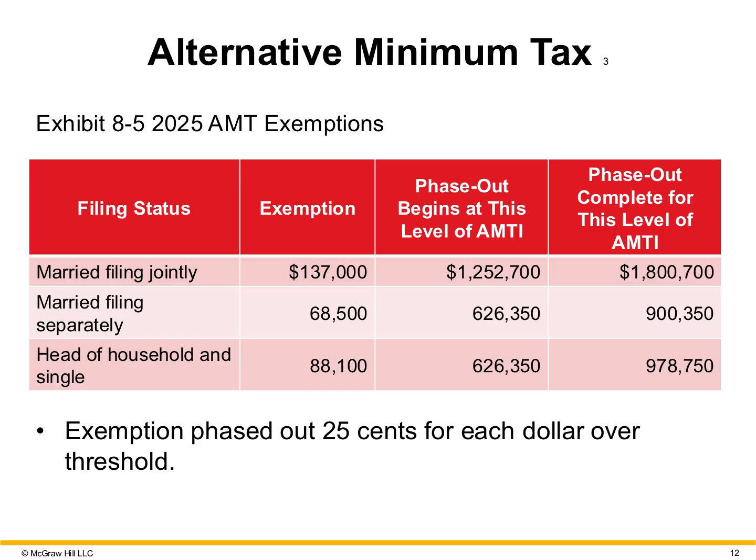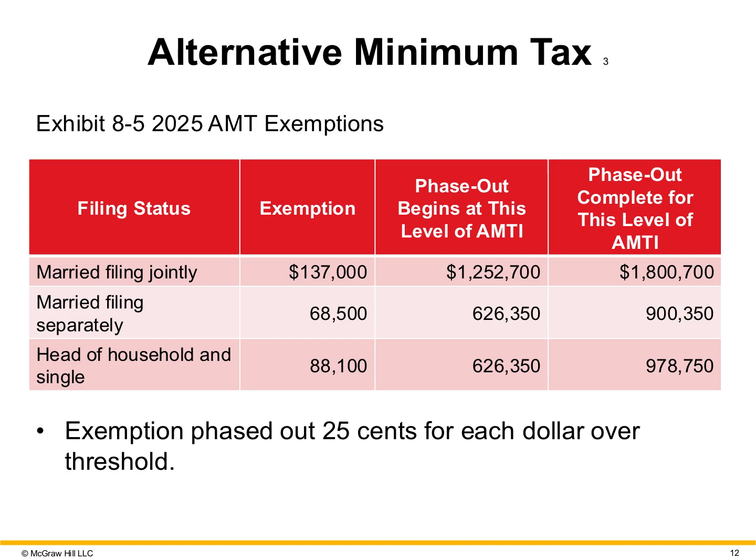So like we mentioned on the previous slide, there are exemptions for the alternative minimum tax, and these exemptions exist to help make sure that lower income taxpayers are not required to pay the alternative minimum tax.